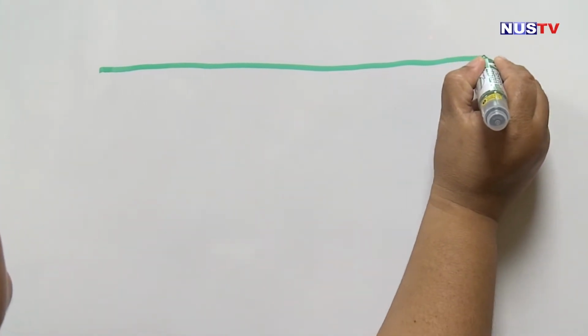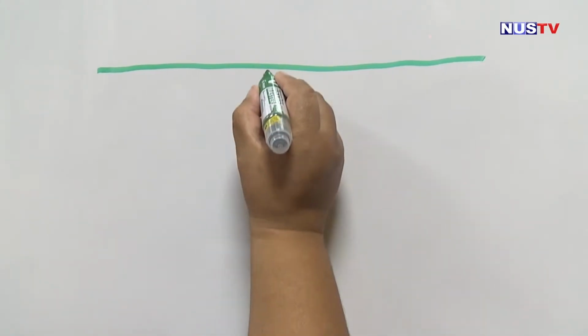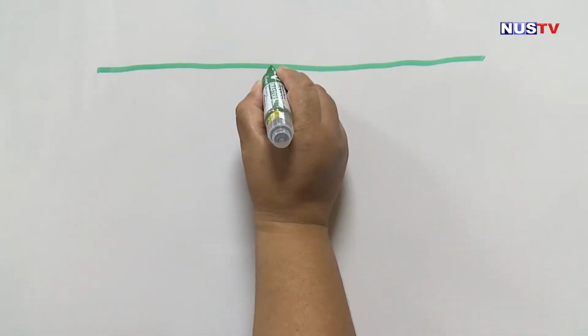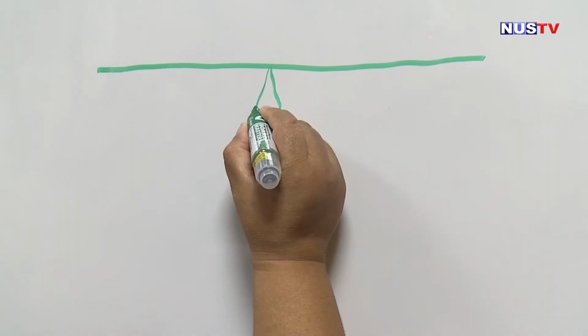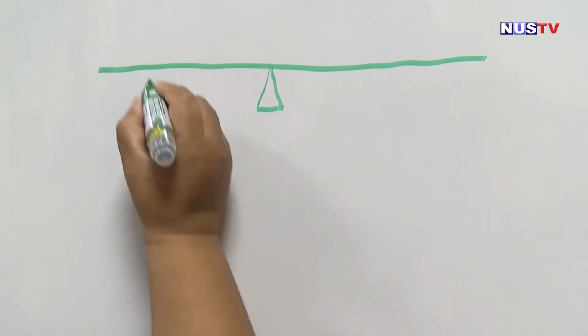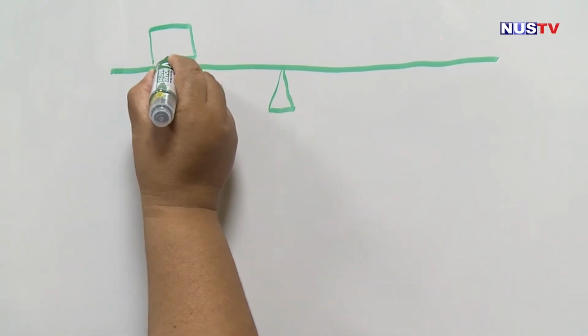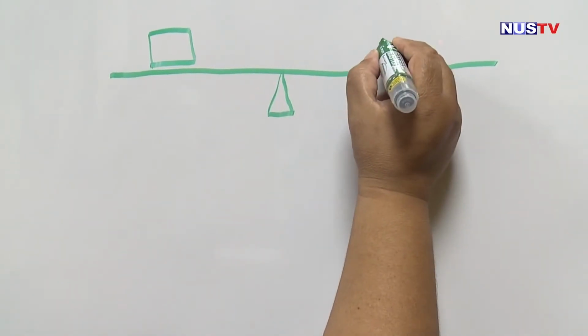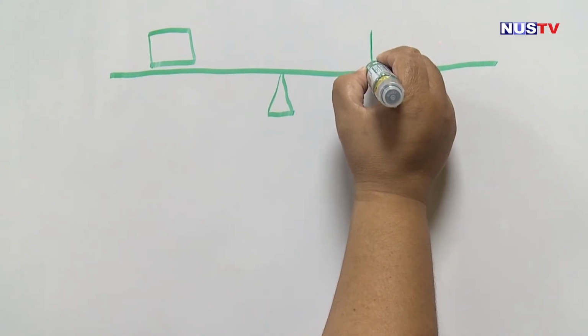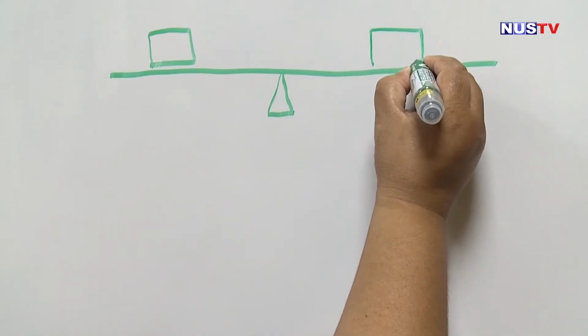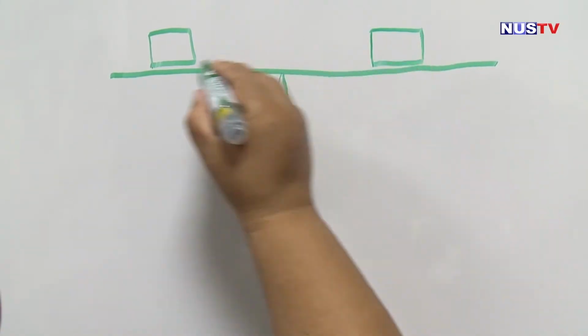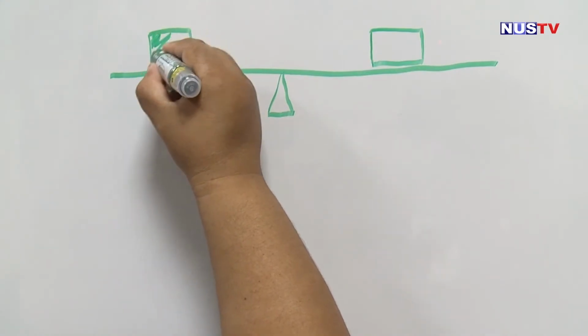Hello boys and girls, let's do some drawing. Okay, there we have a balancer, a seesaw. On the left side of the seesaw you have a box, and on the right side you have another box. By looking at it, both sides are the same.